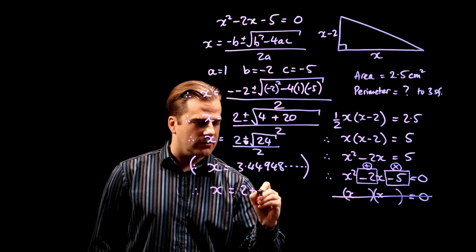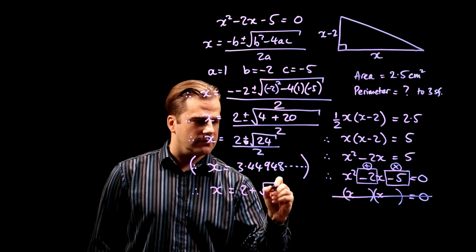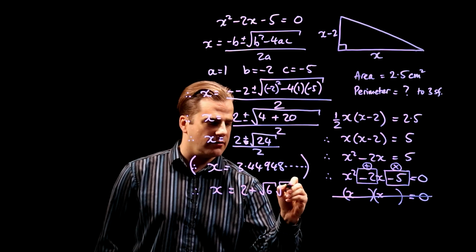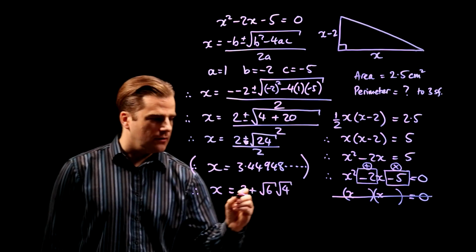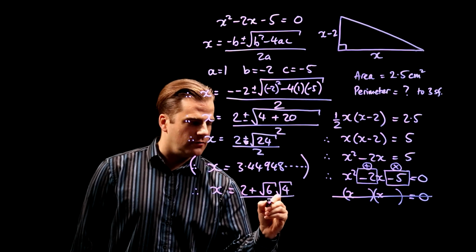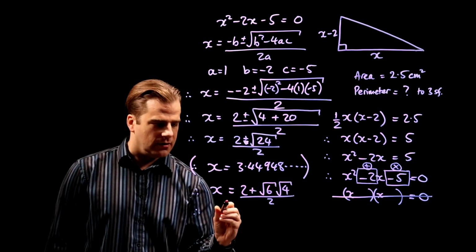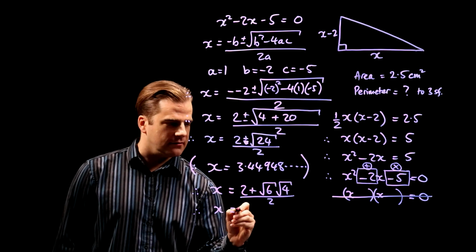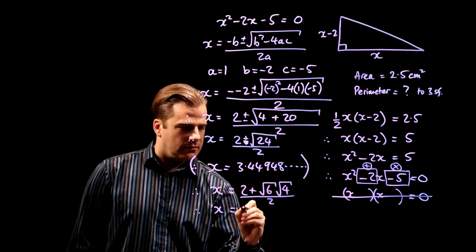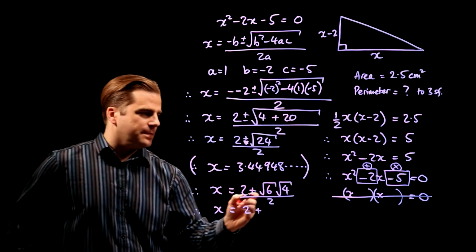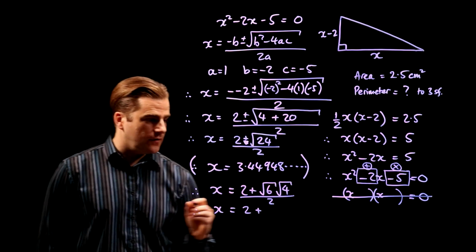Square root of 24 is, well, 24 is 6 times 4, so square root of 6 times the square root of 4, all over 2. Okay? Therefore, x is 2 plus square root of 4 is 2.